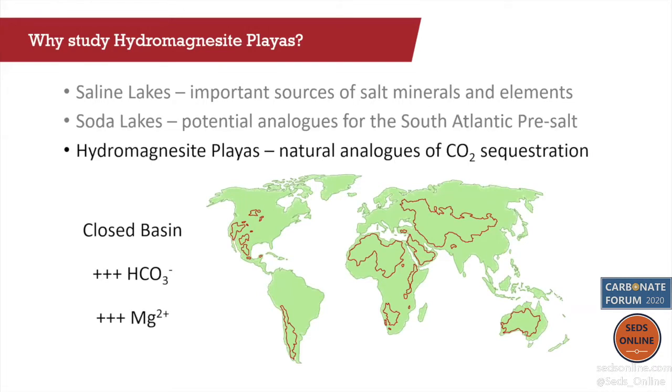Now, hydromagnesite playas are soda lakes, but they have an additional interest of being relatively rare and potential analogues for CO2 sequestration. The rest of this talk will focus on the results of fieldwork on a hydromagnesite playa in British Columbia.